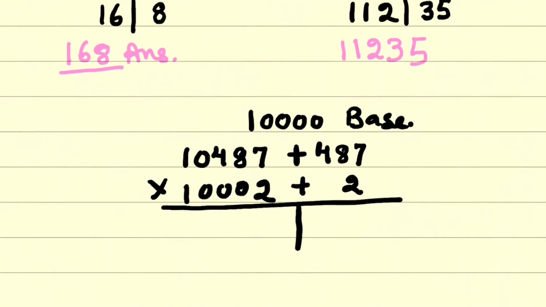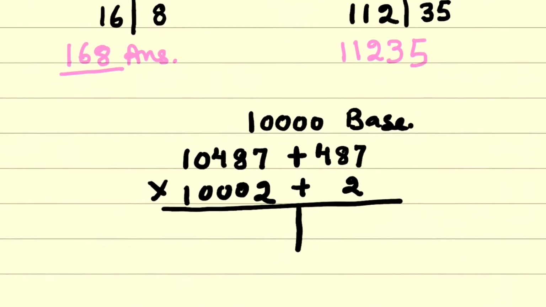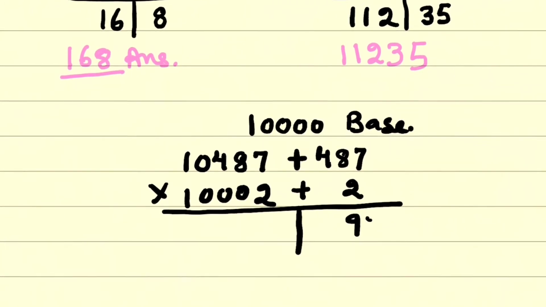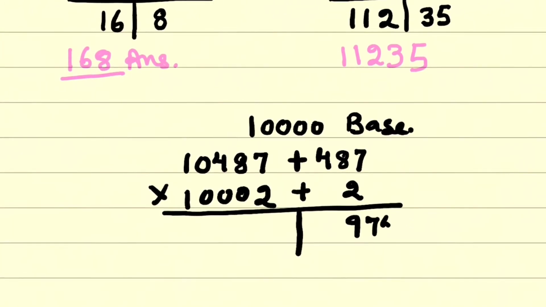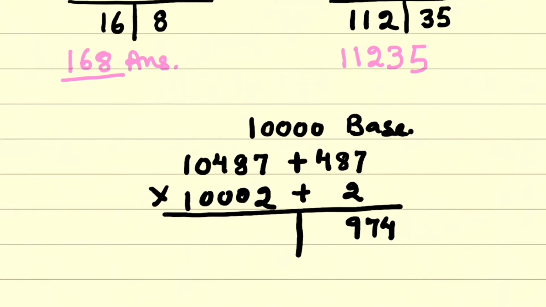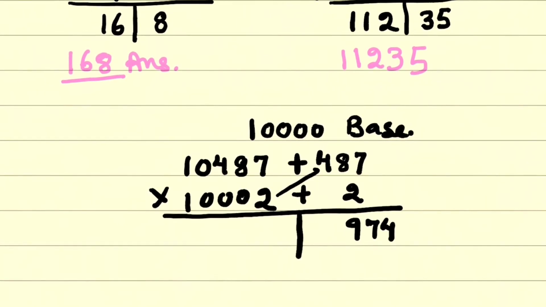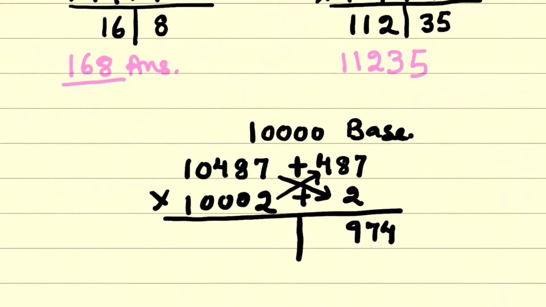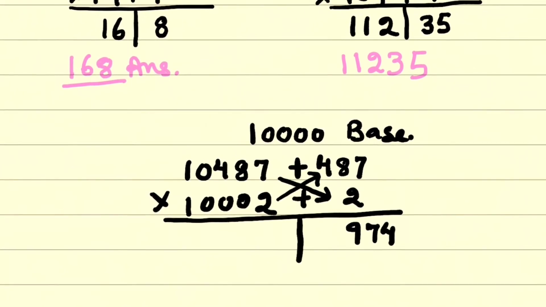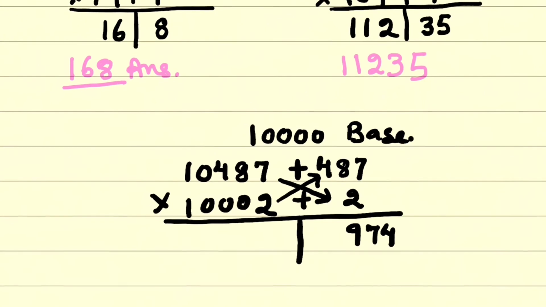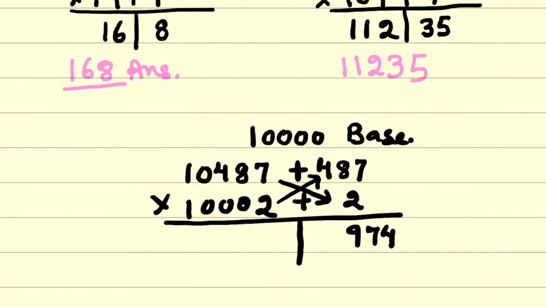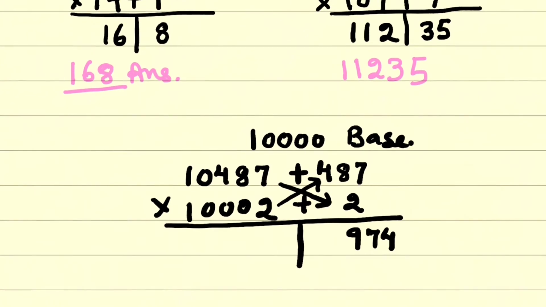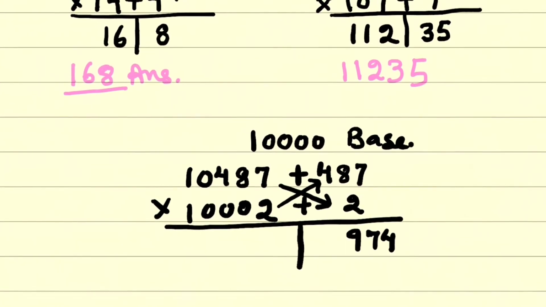So when we multiply two excess terms, we get 974. And when we cross add, for left hand side, we either have to add 2 to 10,487 or we have to add 487 to 10,002.